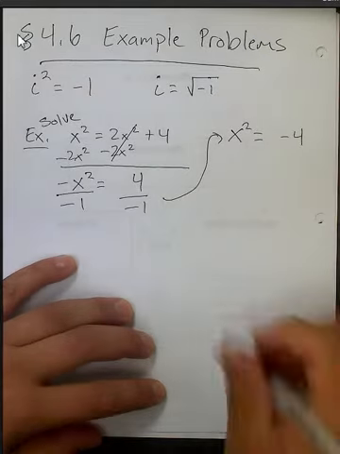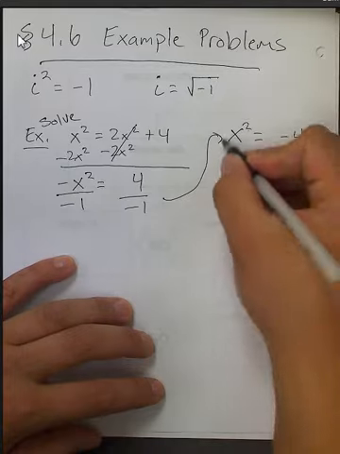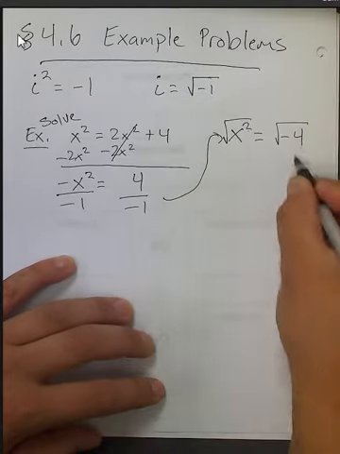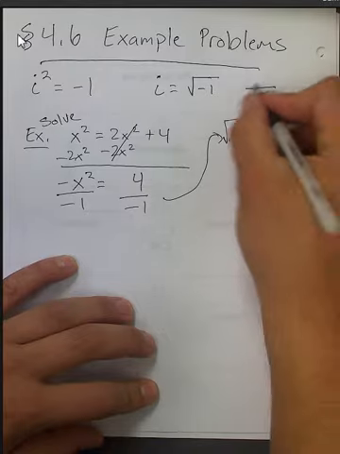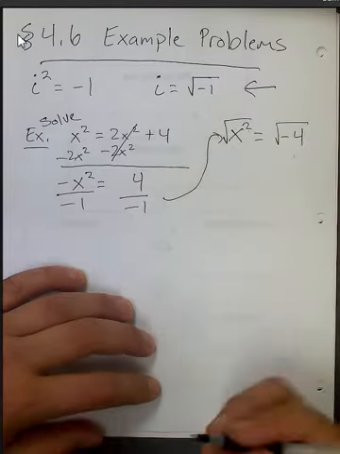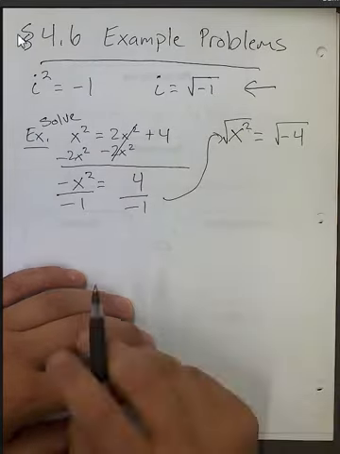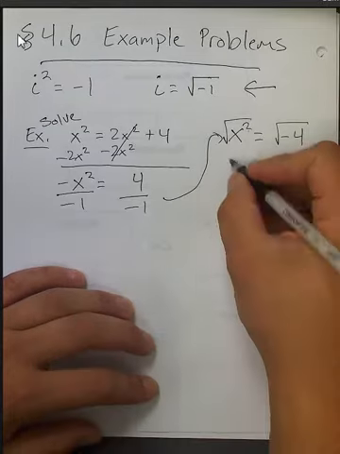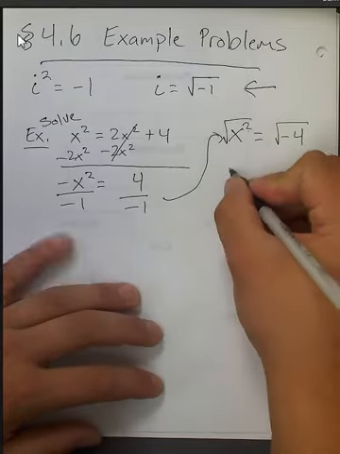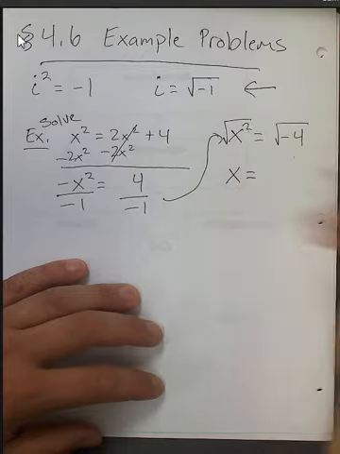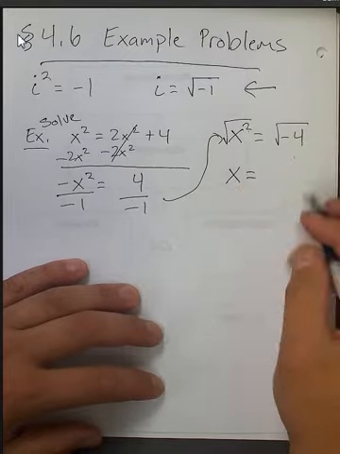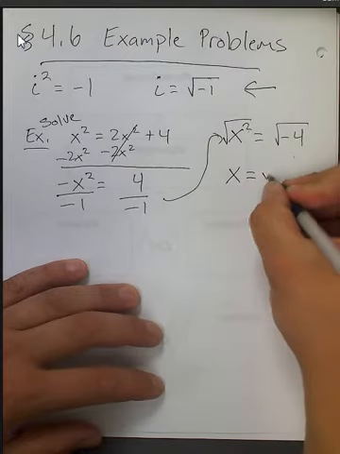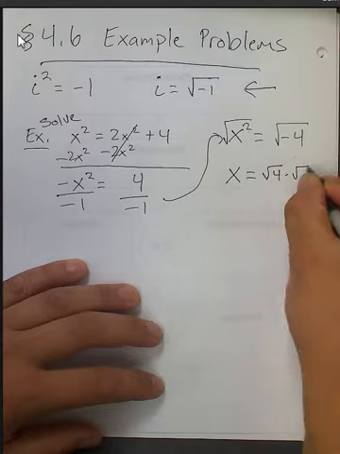Now to undo the square on the x, you take the square root, but we're taking the square root of a negative number, so we have to start thinking about using i, the imaginary number, for the square root of a negative number. x squared and the square root cancel each other out. You get x is equal to, and you could break up the square root of -4 into the square root of 4 times the square root of -1.